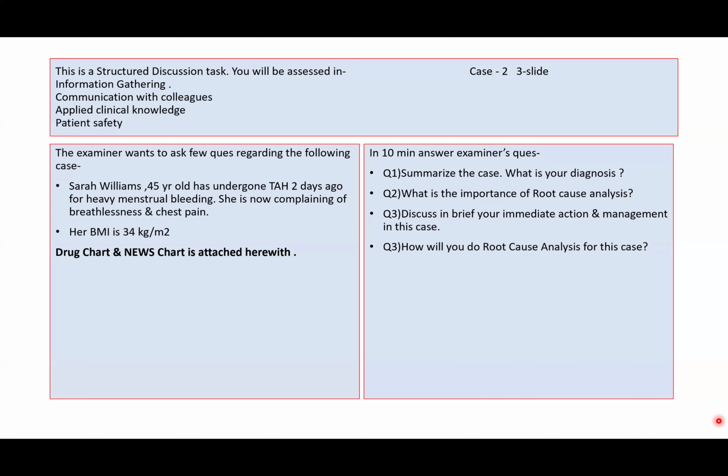Root cause analysis will be done in 7 steps. As we have already identified the risk and decided to investigate, now we have to form a team.